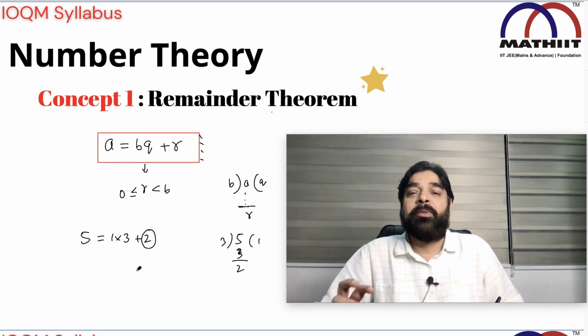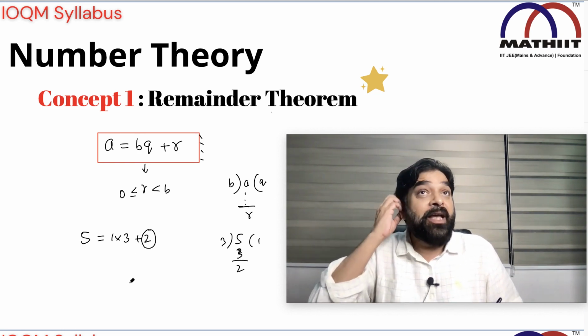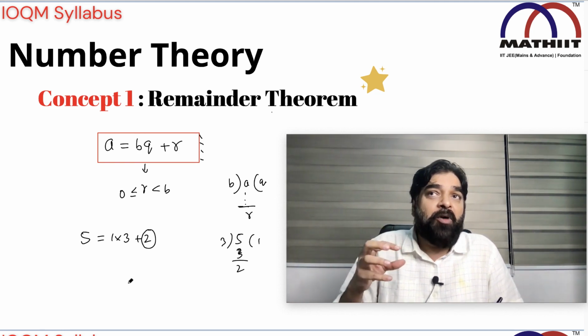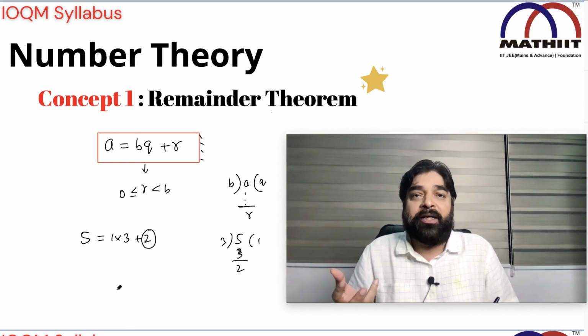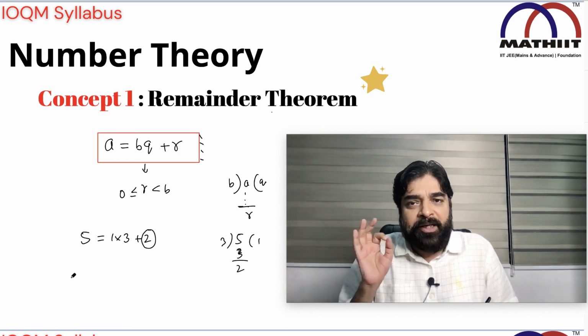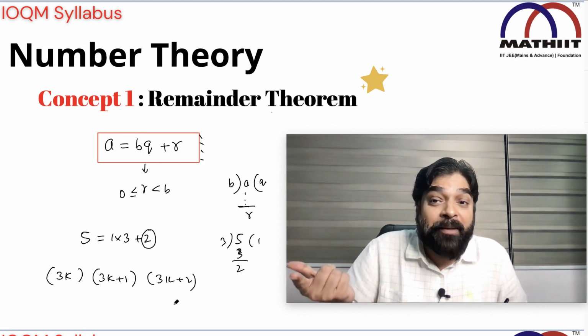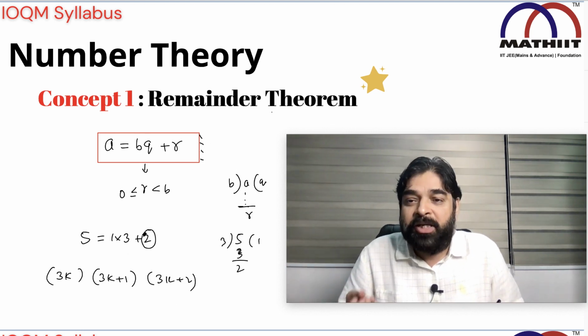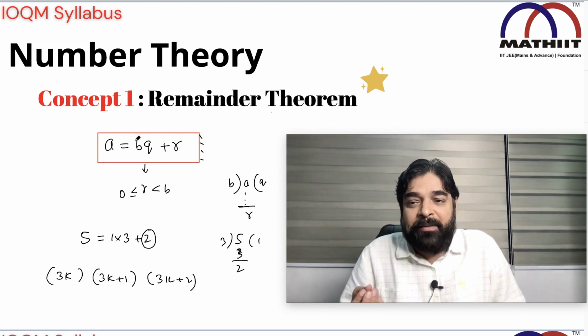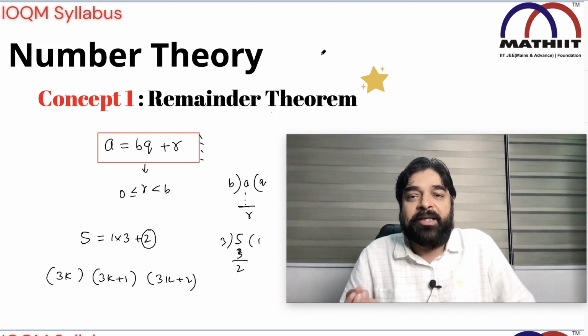It will be very useful: any number, how will you write it in the form of 3? Every number will be written as 3k, or 3k plus 1, or 3k plus 2. You know how I came to know? Because r may be, if you are dividing any number by 3, how will you write it?